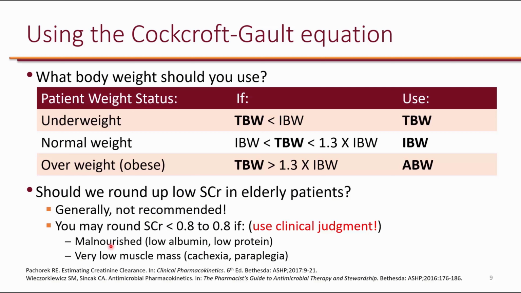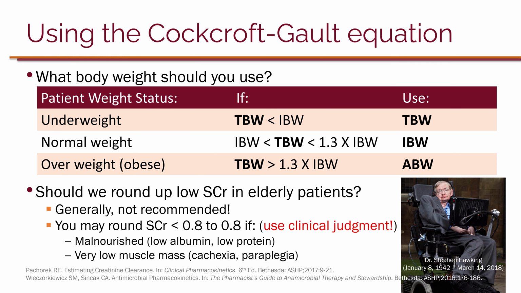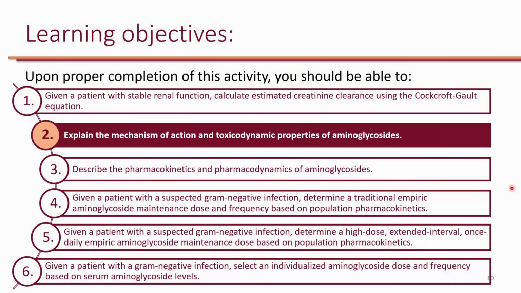Or someone who just happens to have very low muscle mass, for example, someone who's paraplegic. For those patients, you may round serum creatinine of less than 0.8 to 0.8, but still use your clinical judgment. We looked at estimating creatinine clearance using the Cockcroft-Gault equation.